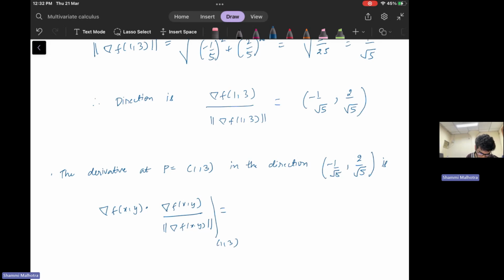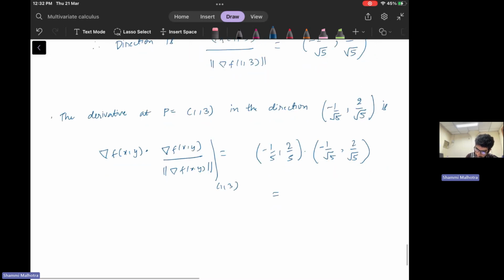My gradient is minus 1 by 5 comma 2 by 5, and I have to multiply with this direction vector. So this is 1 plus 4 divided by 5 root 5, and this gives 1 by root 5. So the derivative in this direction is given by 1 by root 5.